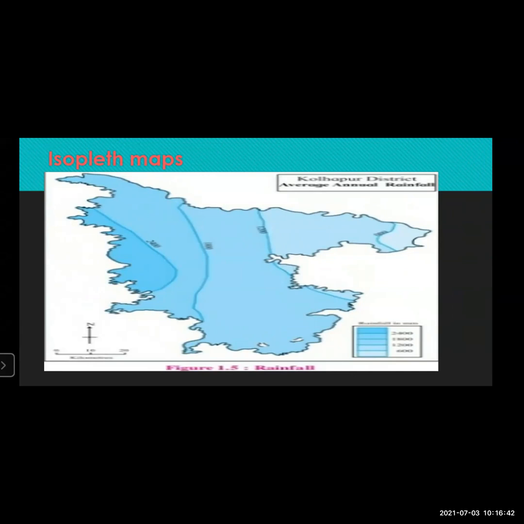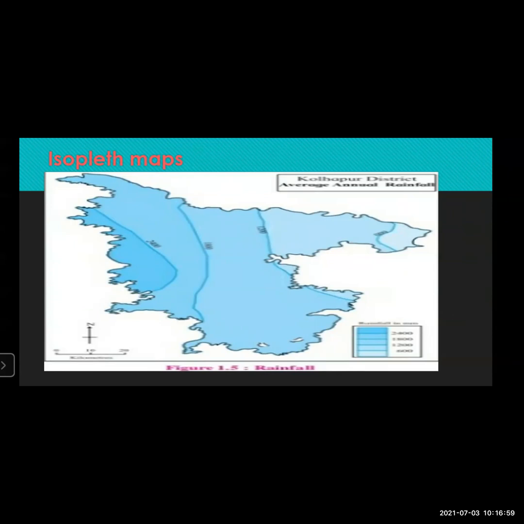Now, in the dot method, the distribution is done with the help of dots. In the chloropath method, remember students, these things you have to remember. The dot method is used to show variables freely scattered across the distance.